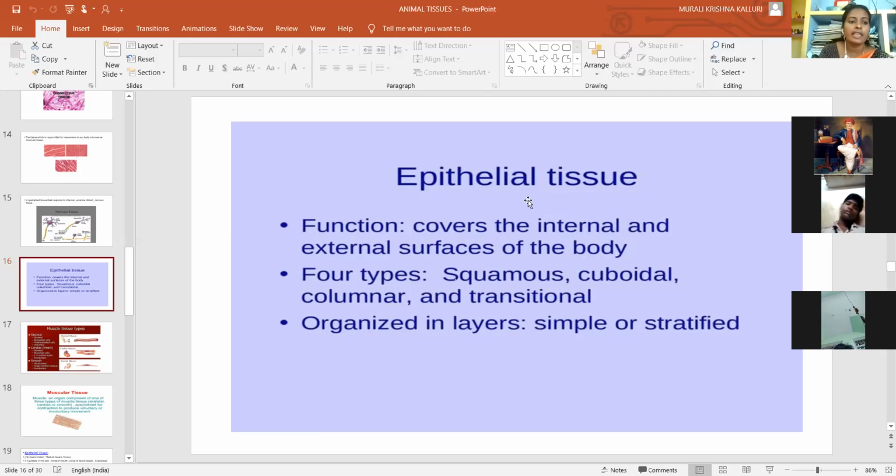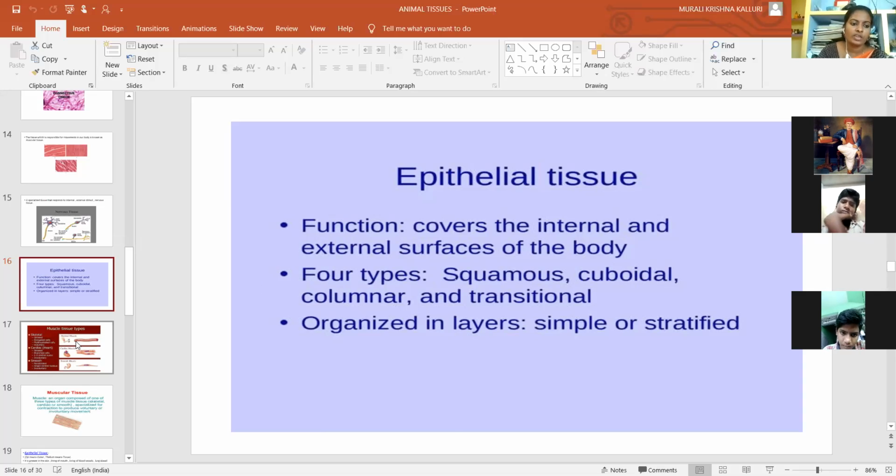The layers of the epithelial tissue are simple or stratified.